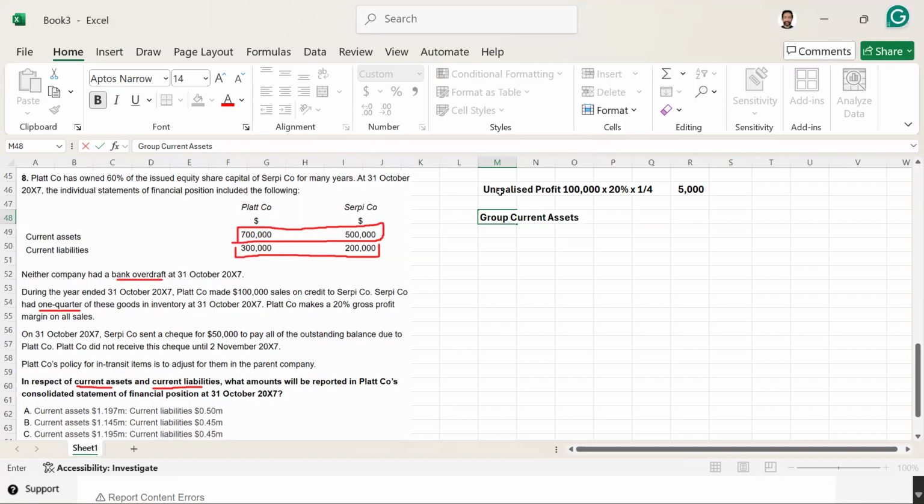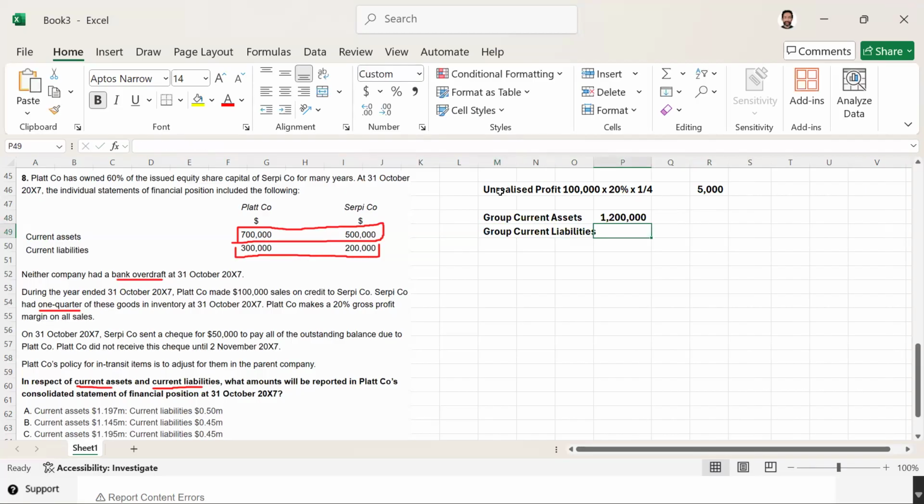The group current assets, we add, that is 1.2 million, and the group current liabilities are 500,000. From here we take away the unrealized profit, and we arrive at that figure. This is one of the adjustments, because we have to get rid of the unrealized profit from the inventory, and the inventory is in the current assets. That's it, nothing more related to it.